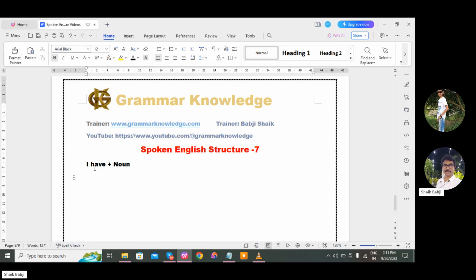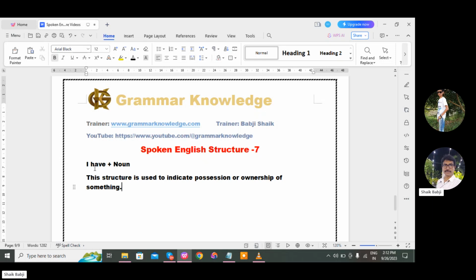Now let's see the usage of this structure. What is this structure? This structure is used to indicate possession or ownership of something, means having something.